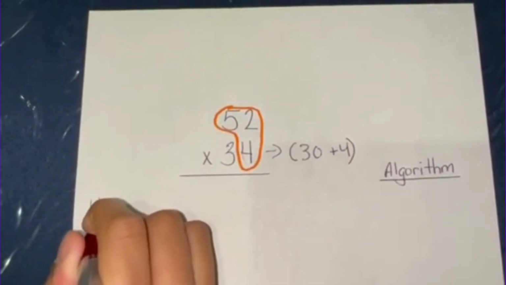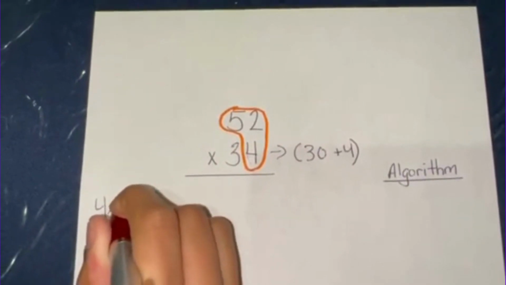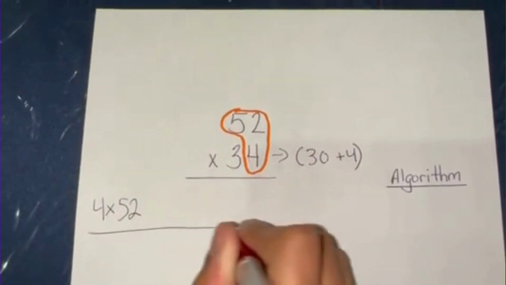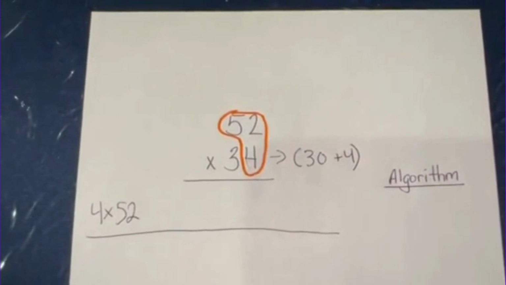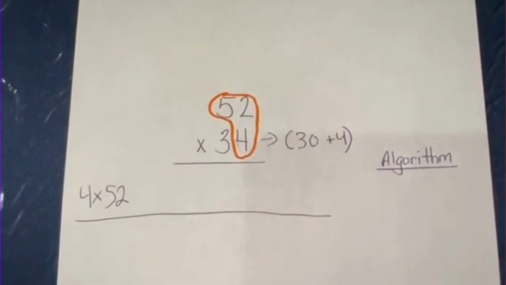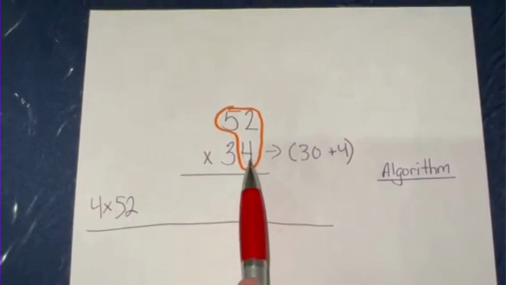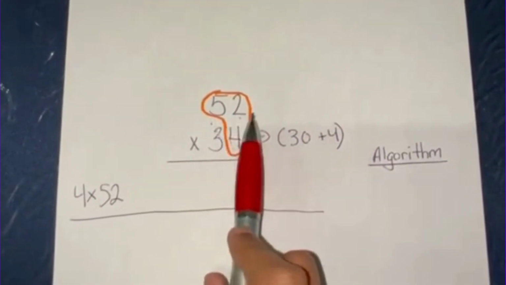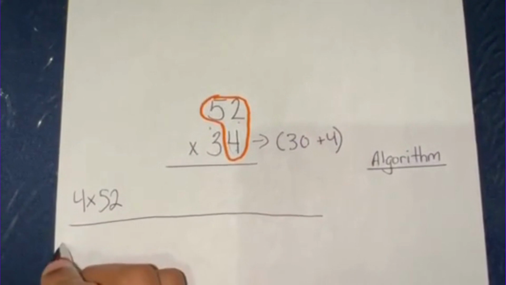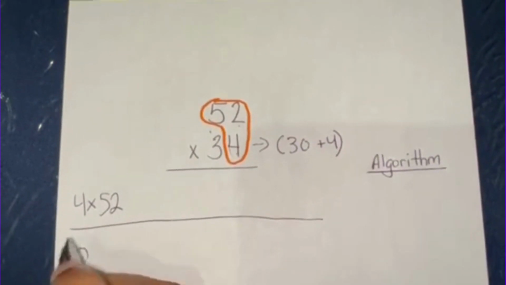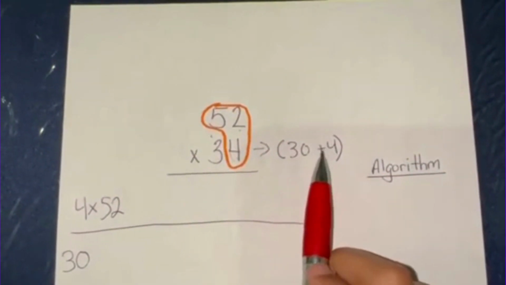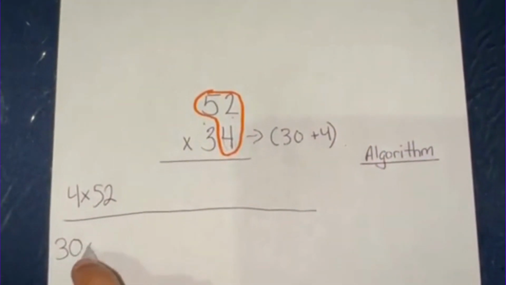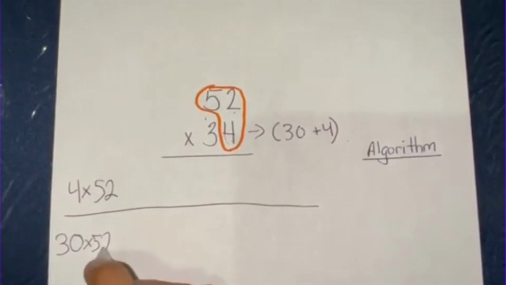Our first row is going to be 4 times 52. And also, right under that, after we finish with 4 times 52, we're going to multiply our tens place times 52. So, not 3, but 30, because it's not 3 plus 4, it's 30 plus 4. 30 times 52.